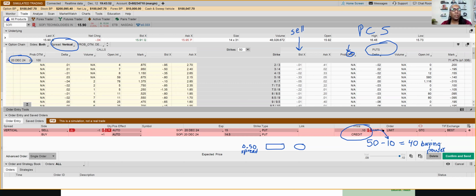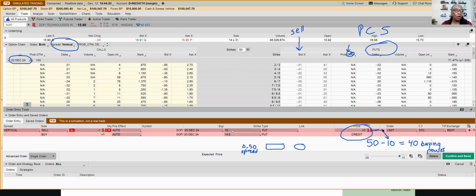The question in the comments was, can you widen the spread? Yes, you can. Where it came up automatically as 14, 14.5 and 15, you can decide. 15 was the sale strike. Notice this has -1 here. -1 means we're selling. This whole thing is red, which means you're selling, and you see the word credit right here, which means you're going to take in money.